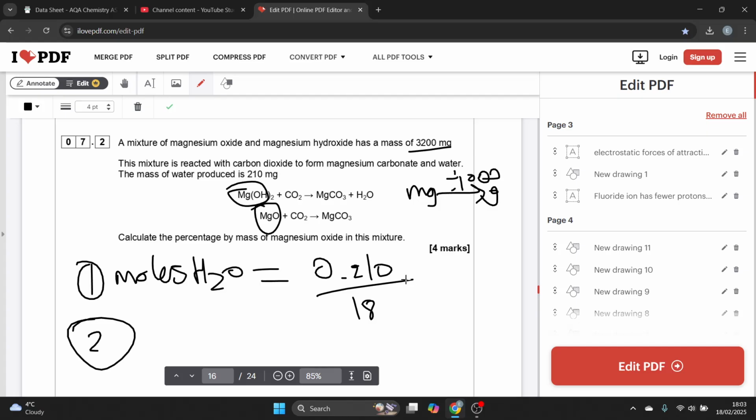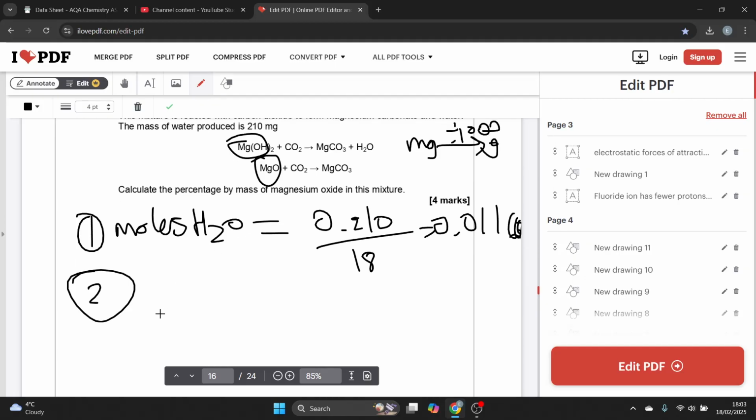Let's not rush any steps, do it step by step logically. 0.011666, it keeps recurring, 7. Then that's the number of moles of magnesium hydroxide.